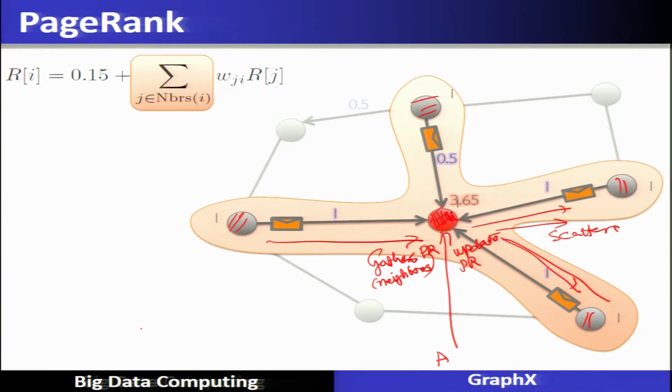So all these three steps, gather, apply and scatter, are treated as a superstep, that is, treated as one single operation, and if it is supported, then writing the PageRank algorithm will be quite easier and also very efficient.